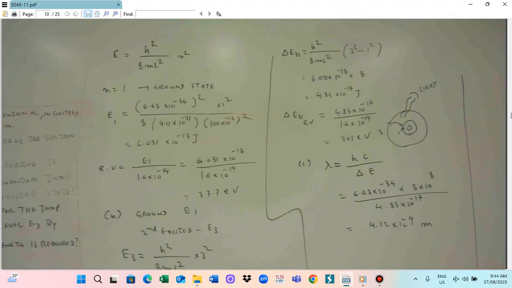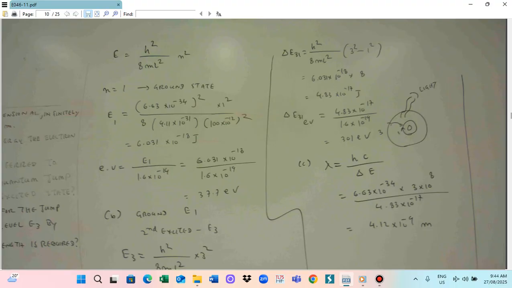Then this is the change of state. So h squared divided by 8mL squared times 3 squared minus 1 squared. h squared divided by 8mL squared we already calculated as 6.031 × 10^-18, multiplied by 3 squared minus 1 squared, which is 9 minus 1 is 8.